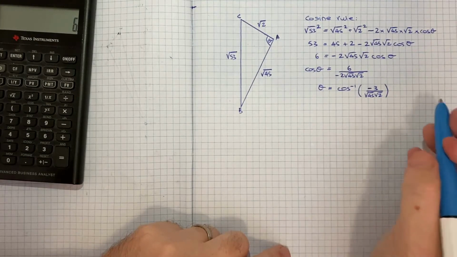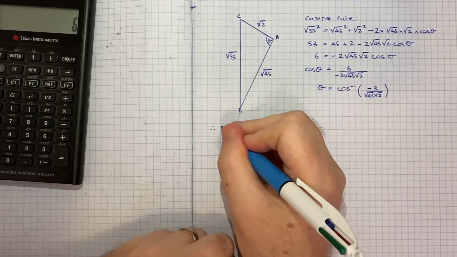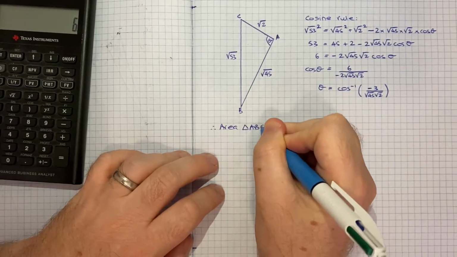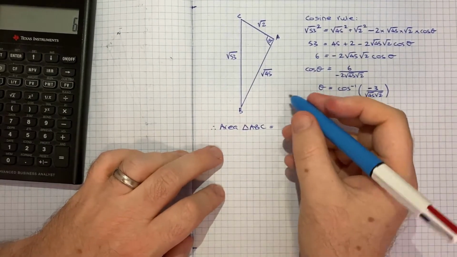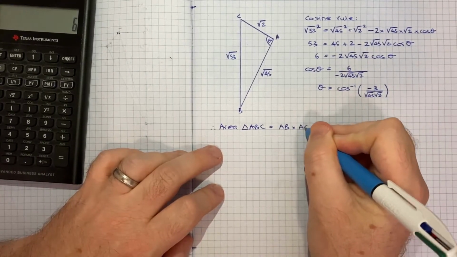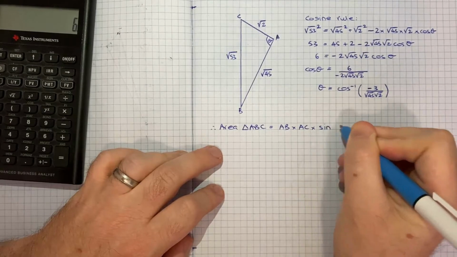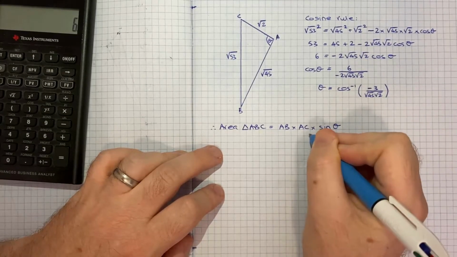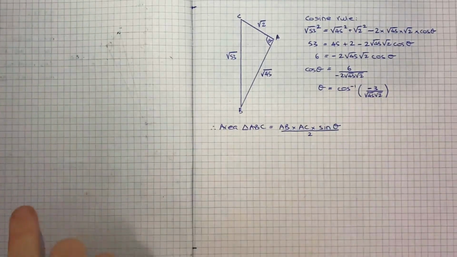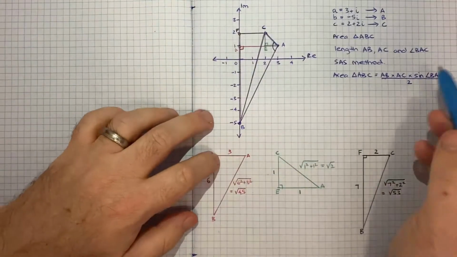So therefore, now we can say the area of triangle ABC is equal to the length of AB times the length of AC times the sine of theta divided by 2. So that there is the formula that we had here.